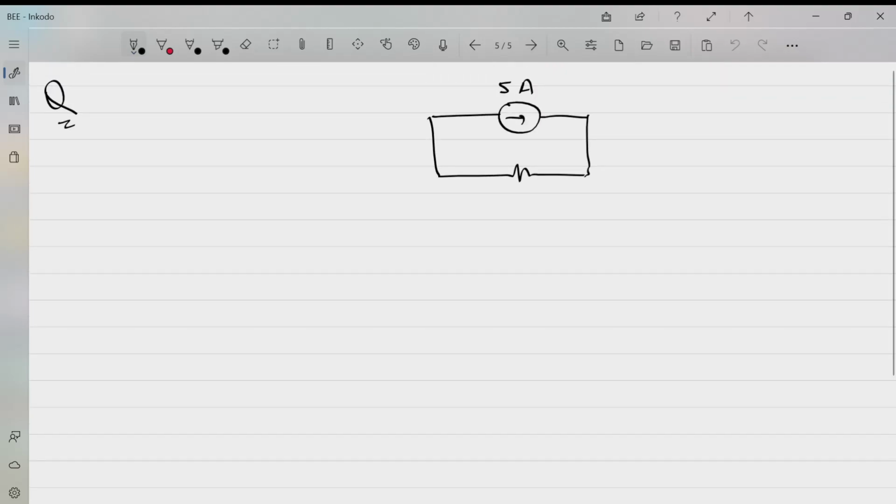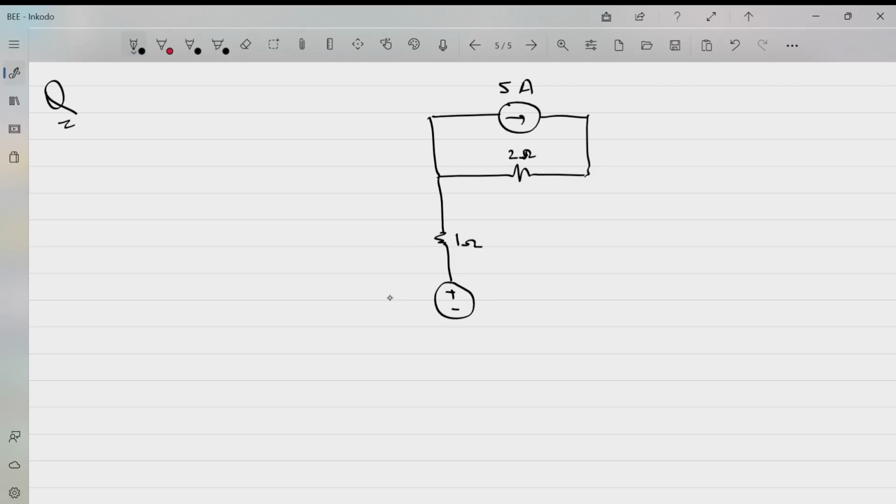So this is a 5 ampere source connected across a 2 ohm resistance. यहाँ से एक रेजिस्टेंस है, फिर यहाँ से एक वोल्टेज सोर्स है, प्लस माइनस.